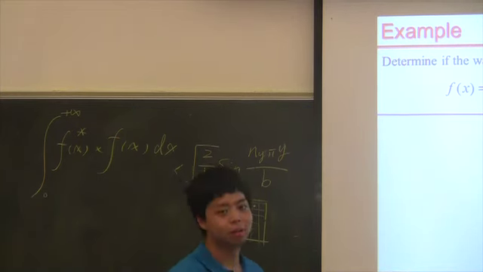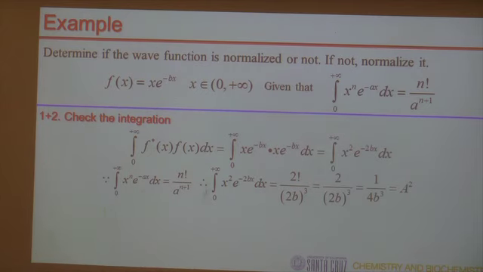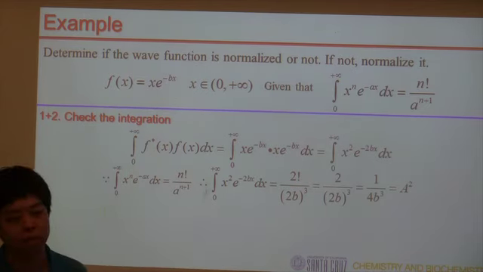And now you use the identity provided to you, so that we can go back and check the calculation, and you will reach the result. So actually, you get a constant, 1 over 4BQ. But we know this is not 1. So it simply means this wave function is not normalized.